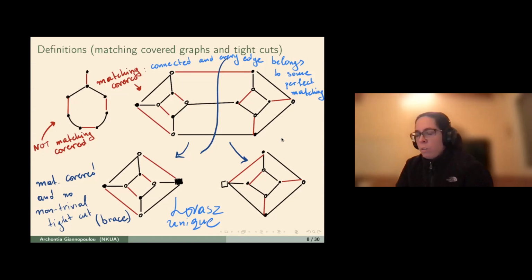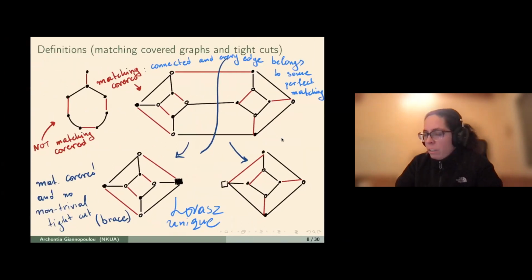The building blocks will be the same regardless of how we cut. These are called braces when we're discussing bipartite graphs, and bricks when the graph that has only trivial tight cuts is not bipartite. So of course we will only consider braces because we're only considering bipartite graphs.